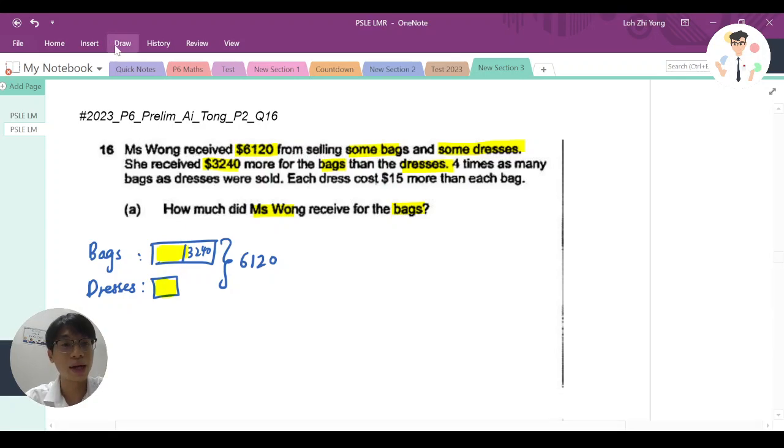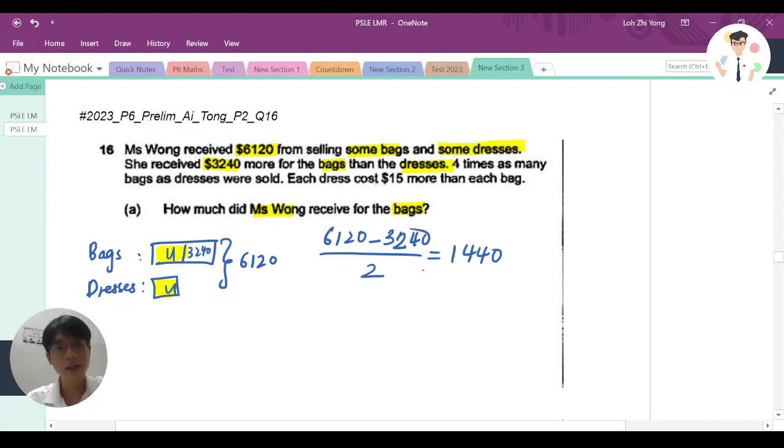Okay, so what I can do is actually I can use 6120 minus 3240. Then I divide by 2 to find out one unit is equal to what first. Then you actually get 1440. Then I use 1440 to add back the 3240 to find the bags. And you get 4680.